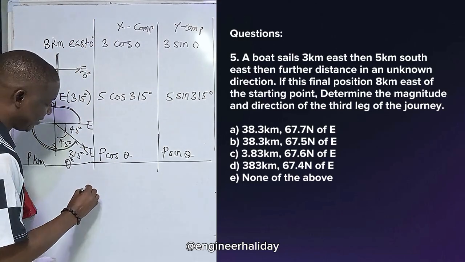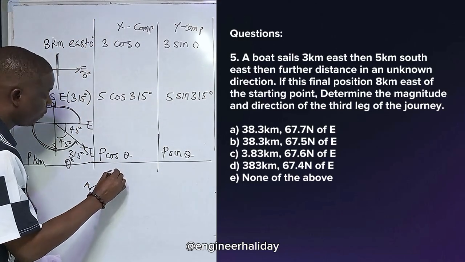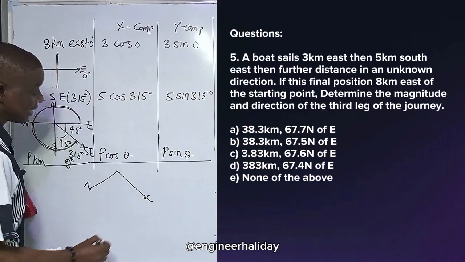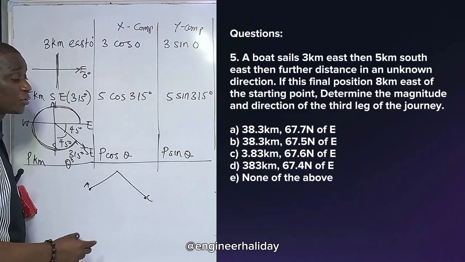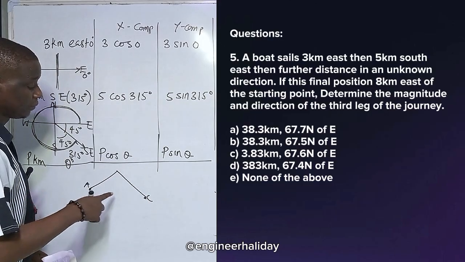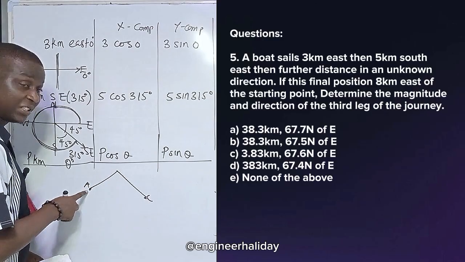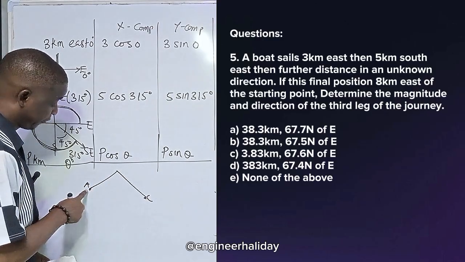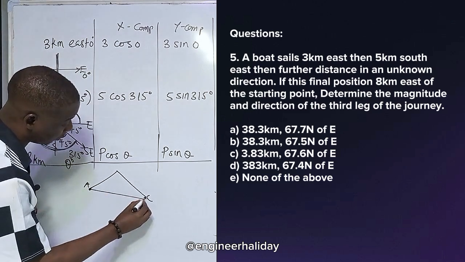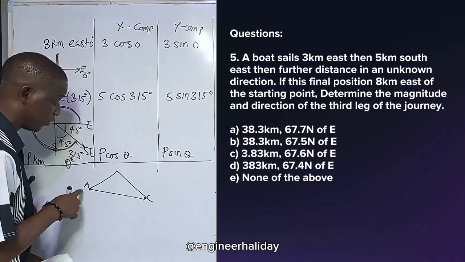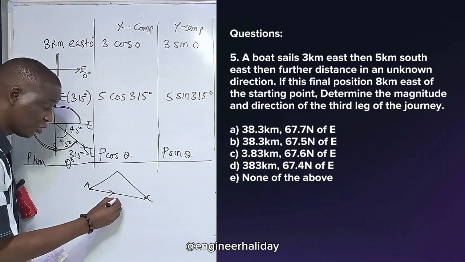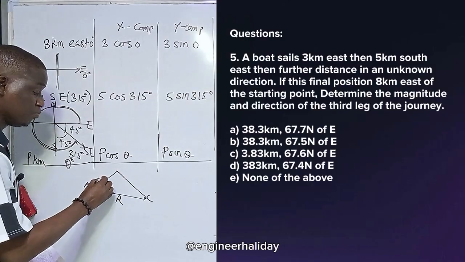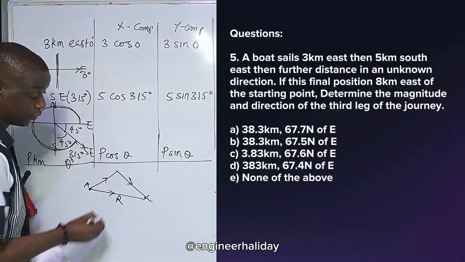If I move from A to B, from B to C, then I say find the resultant of this movement from the starting point, that means the resultant of C from A, or the distance of C from A. That will be the resultant of this movement from here to here and here to here.